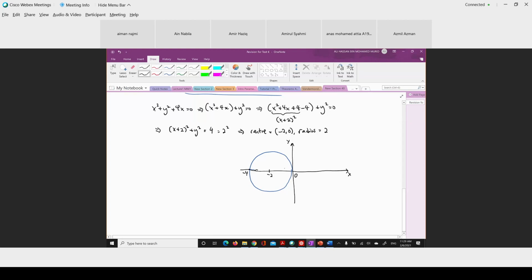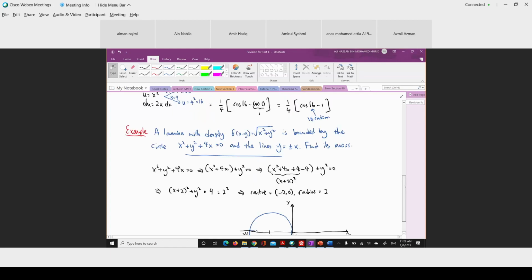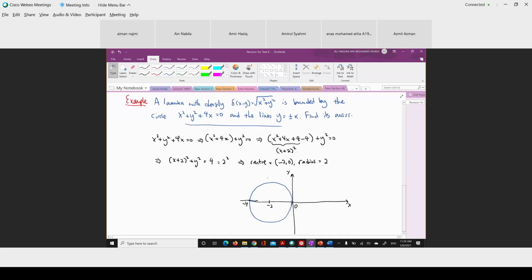They are given two lines as well, y equal to plus or minus x. So this is one line, y equal to minus x. You have another line in the other direction here.